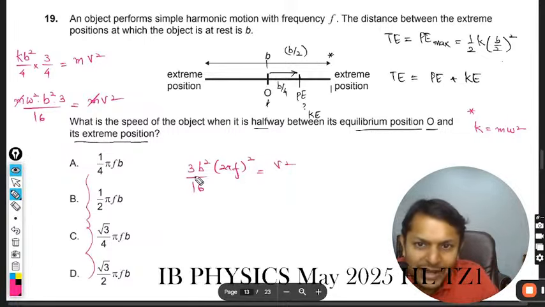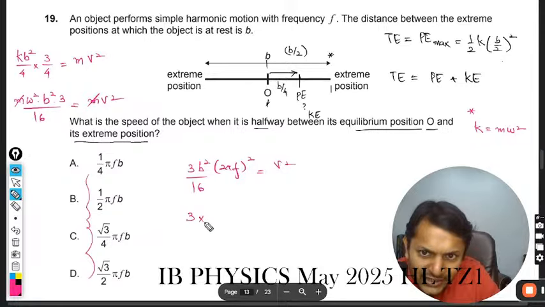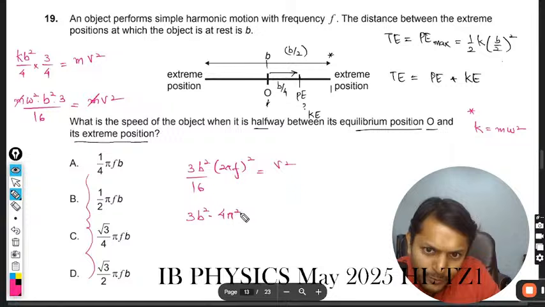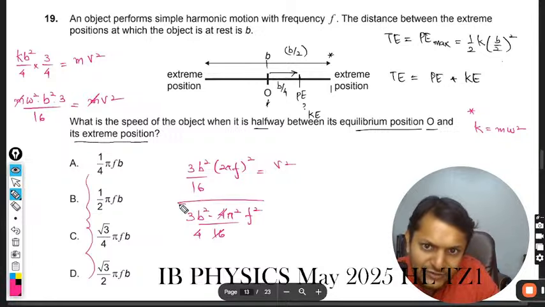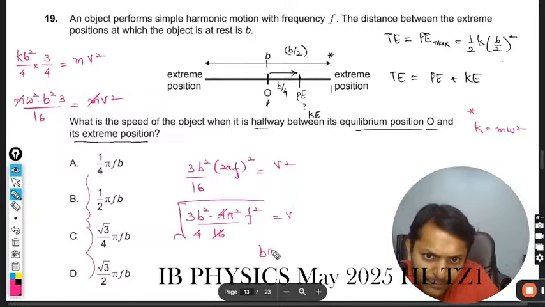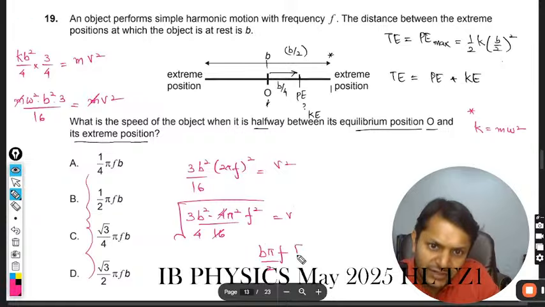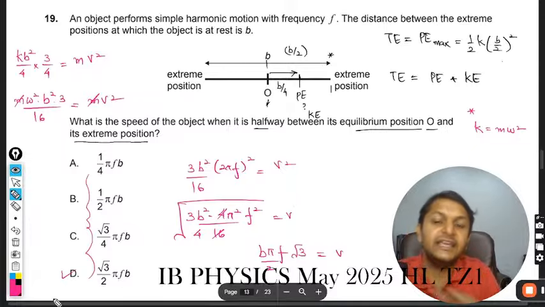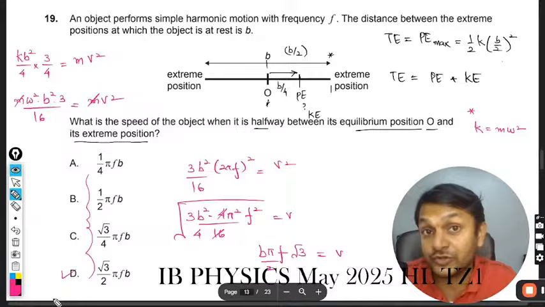So open the bracket: 3 b square 4 pi square f square by 16. So this will give you 4, and take the square root of this, that will give you the value of v. So 2 goes out of the bracket because everything has a square there, and the square root 3. So it will be square root of 3 by 2 pi f b. D will be the correct answer for this question.